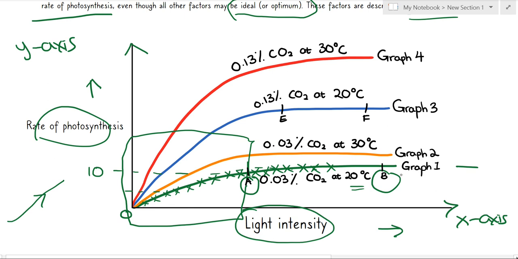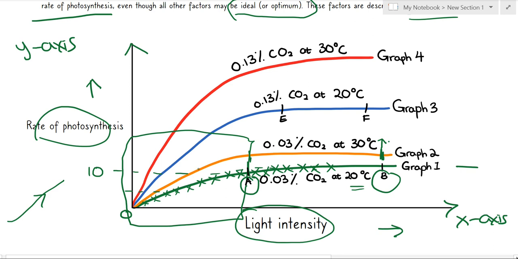Okay, so now if you move on to graph 2, we increase the temperature to 30 degrees Celsius, but we kept the carbon dioxide constant. You can see that around point A and point B, the rate of photosynthesis has also plateaued. But before point A, it's increasing.